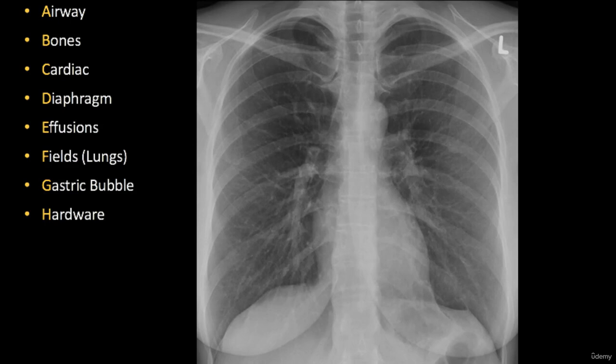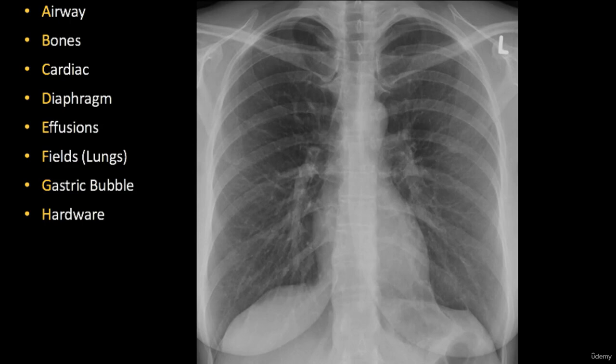Then they move to the lungs and evaluate the fields of the lungs. They identify the bubbles of the stomach and hardware. And as you see, all these structures may be numerated from A to H for our convenience.